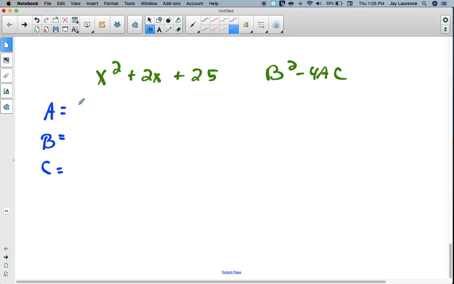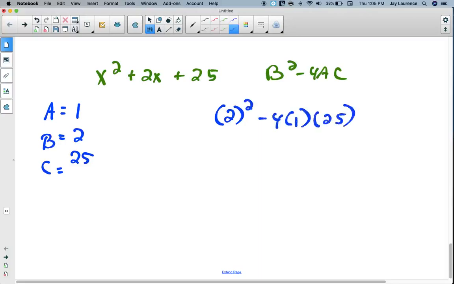A, B, C, easy as 1, 2, 25. Okay, so b squared is going to be 2 squared minus 4 times 1 times 25. So 2 squared is 4 minus, oh, I'm just going to simplify that right away. That's 100 over there, right? 4 minus 100. Now, that would be negative 96.